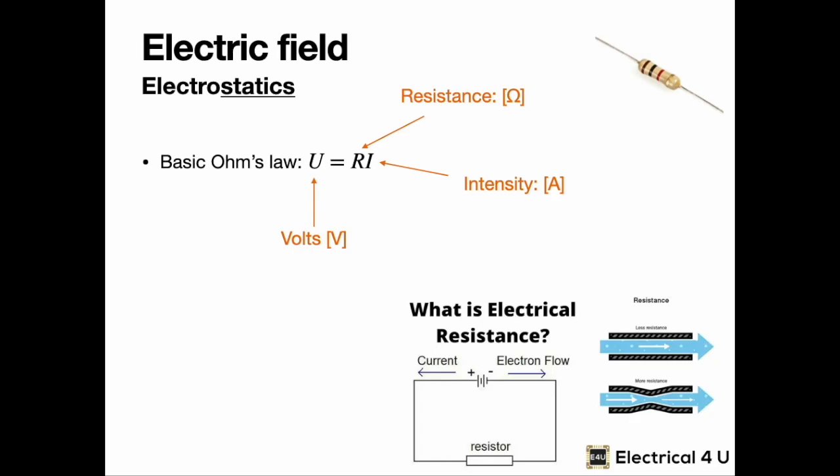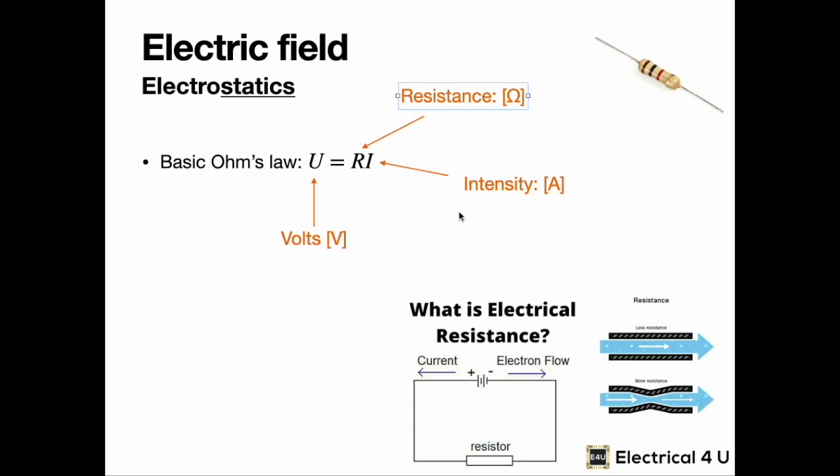We used it last week already, and you know this relationship well. You have U equal Ri, so U is in volts, R is the resistance in ohms, and the intensity of the current, I, is in ampere.